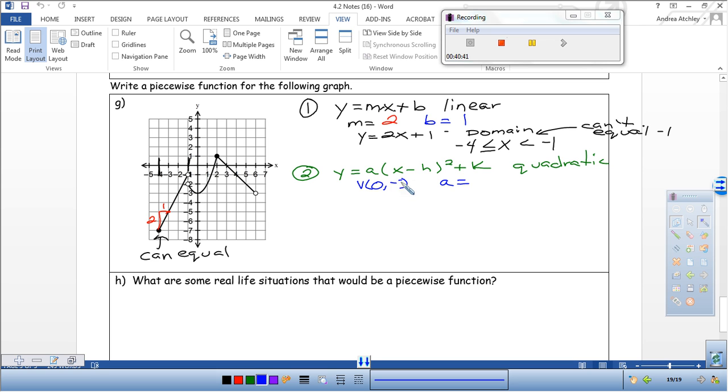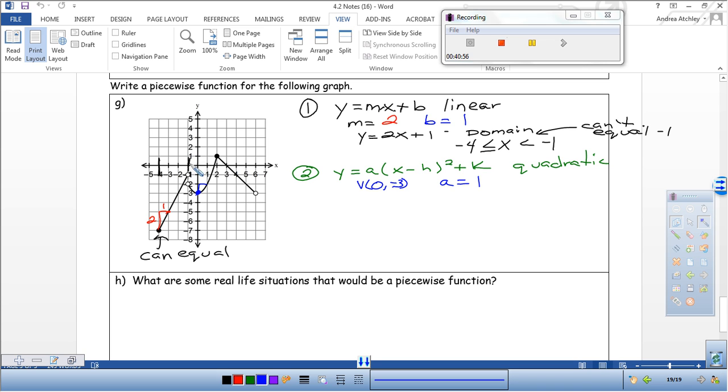Very good. 0 for x and -3. It's right here. That's the lowest point of the parabola. Then the a value is just up 1 and over 1. The a value is 1.